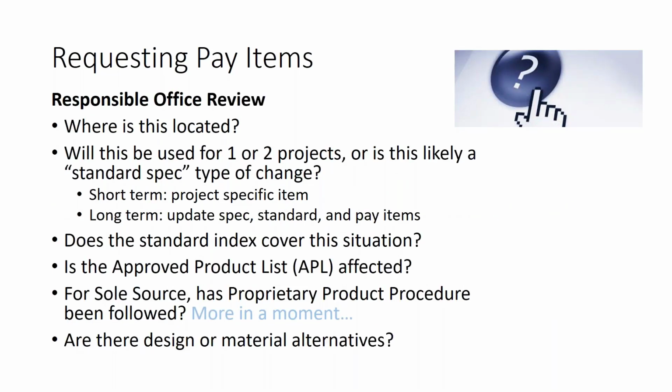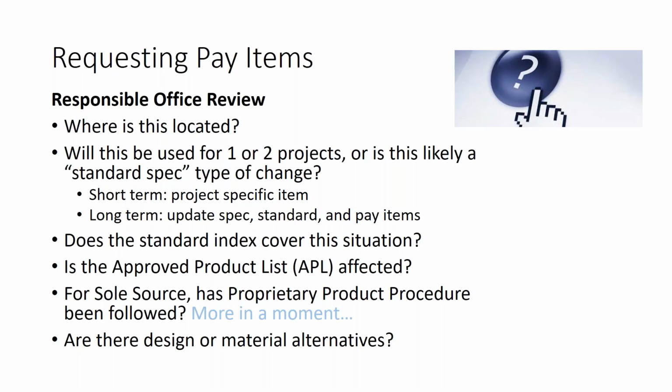What is the responsible office looking for? Sometimes they want to know where this is located. How will a drainage item be impacted by the surrounding conditions? Will this be used for just 1 or 2 projects, or is this likely a standard spec type of change that needs to be available for others?